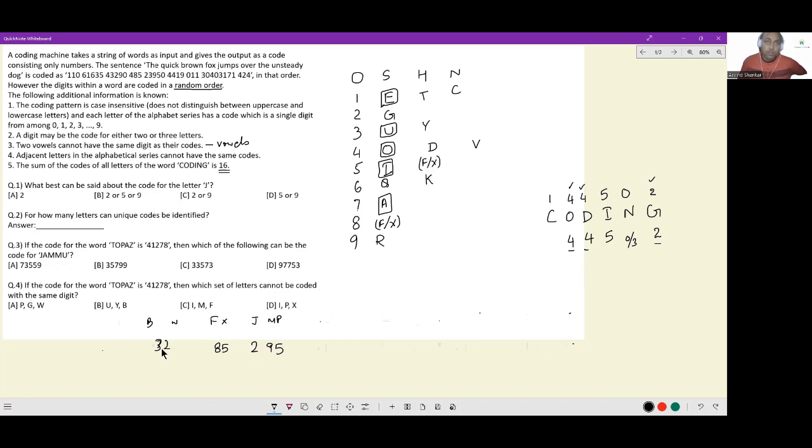They can switch, and B and W. B and W, and J and P is at 295. So either J or M or P, and J or M or P, and 9, or J or M or P.